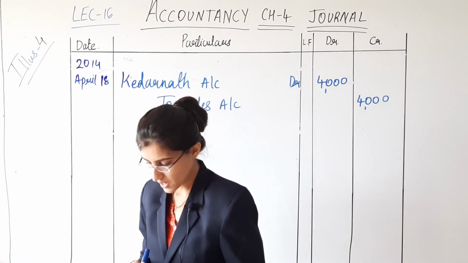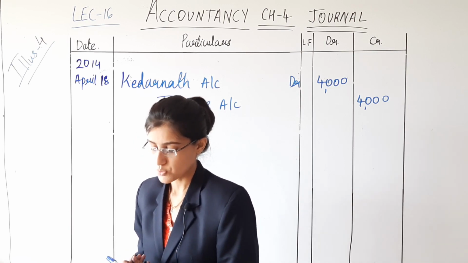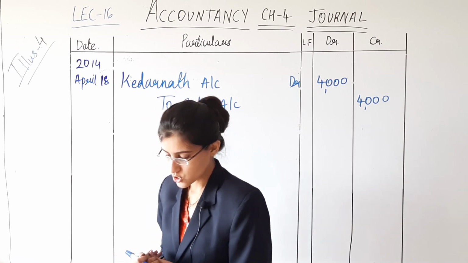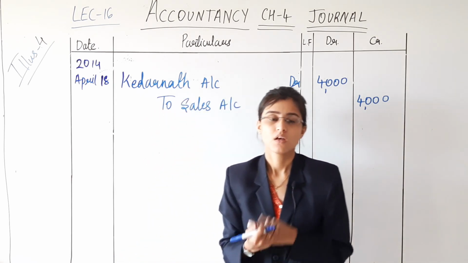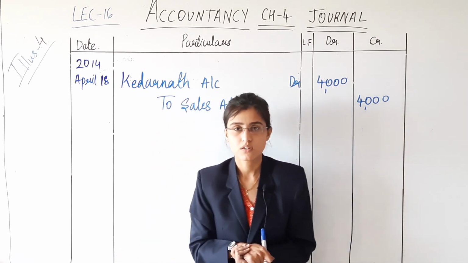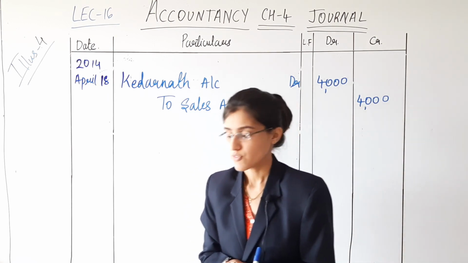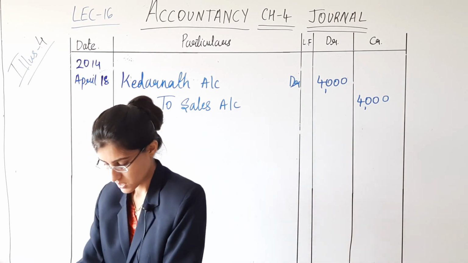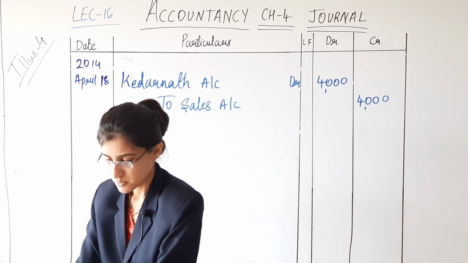Goods of rupees 1500 destroyed by fire, on 20th of April. Let us understand the journal entry for this. It is given on page number 66.